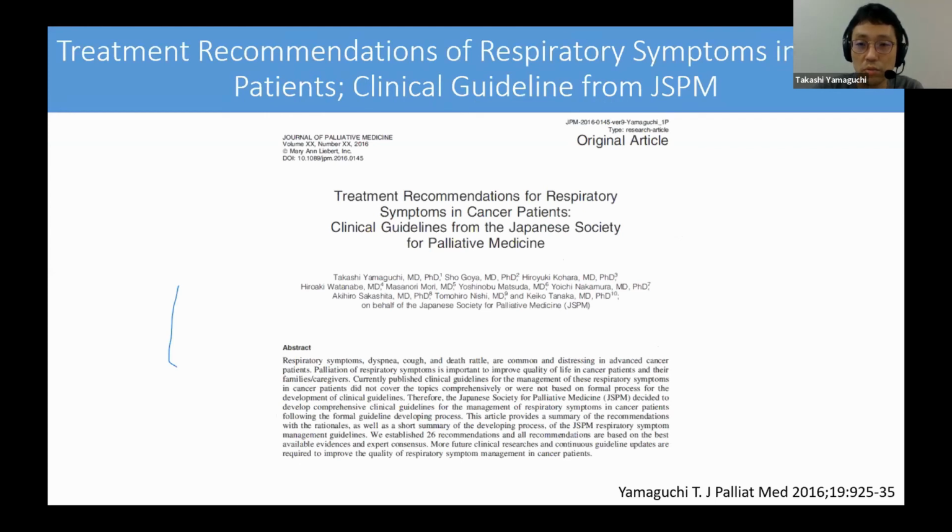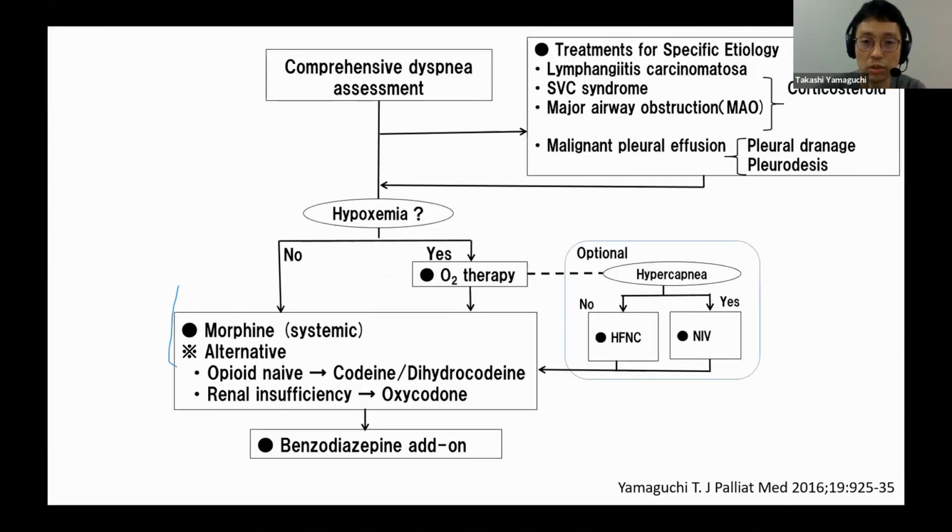So we gathered this evidence, generated the recommendations, and published our clinical guideline for the treatment of cancer dyspnea in 2016 in the Journal of Palliative Medicine. This slide shows the overview and the algorithm of our cancer dyspnea management clinical guideline. When we see a patient with dyspnea, first we have to do a comprehensive dyspnea assessment.